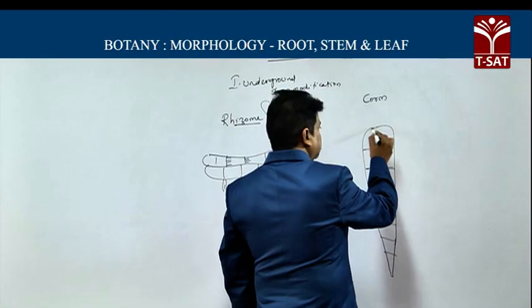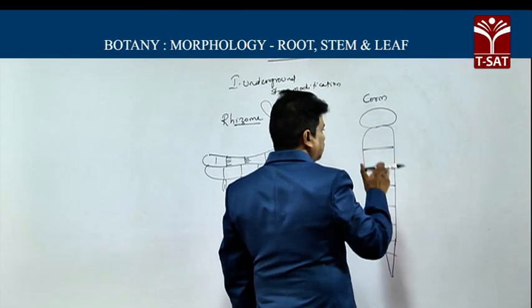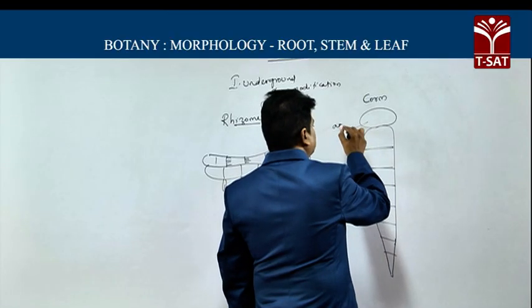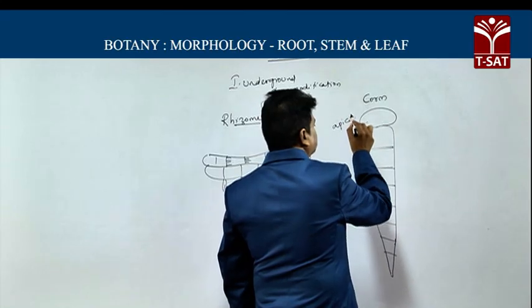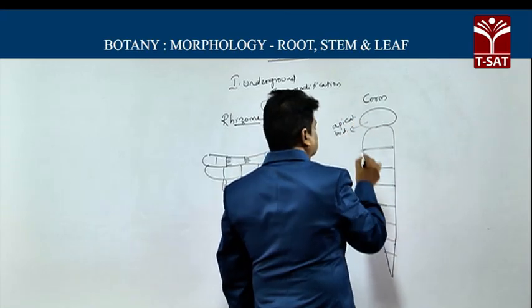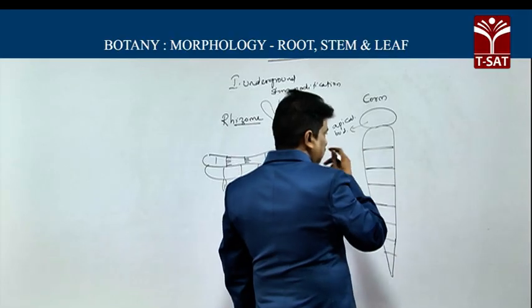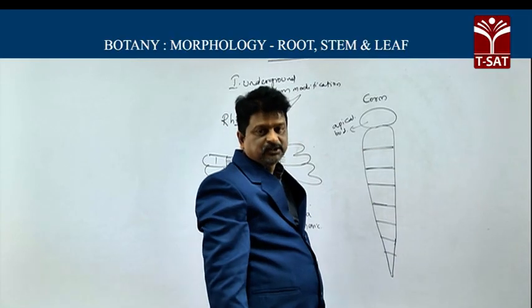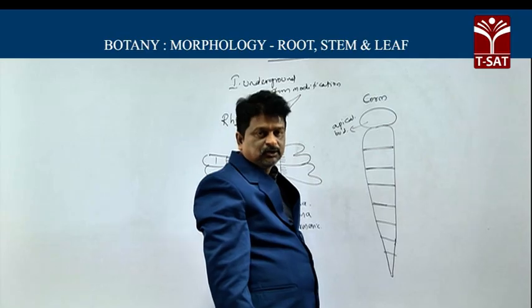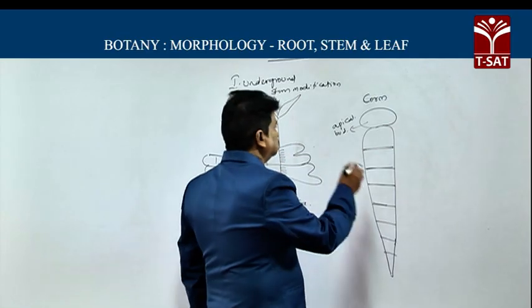Generally it has a large apical bud. This apical bud gives rise to aerial shoot. Then axillary buds give rise to daughter corms.